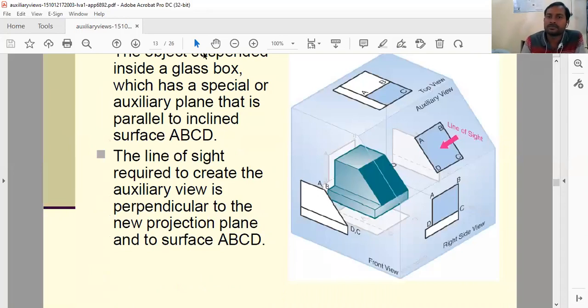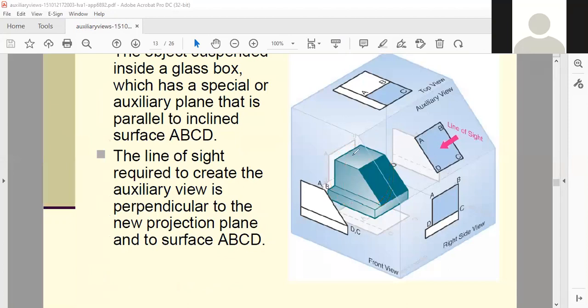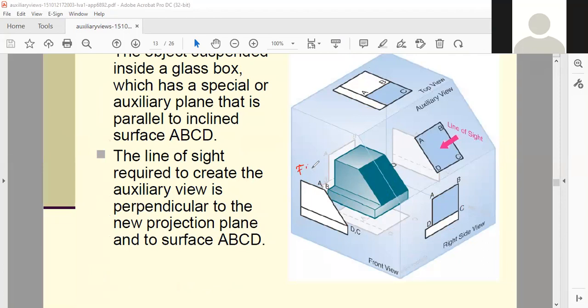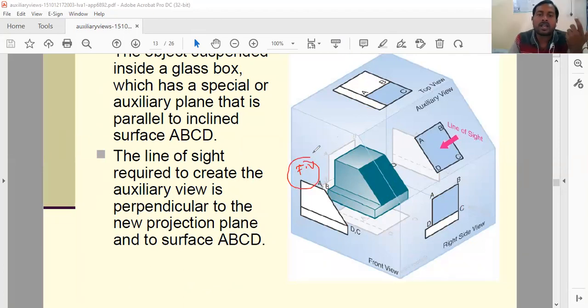Is that visible? Yes, sir. Very good. So in the question they give you a solid like this, a solid object. By using the solid you can draw. This is the front view, this is the side view, and this is the top view. Three views are there, but two views are enough. In the two views, definitely the front view is required. So the choices are either top view or side view.